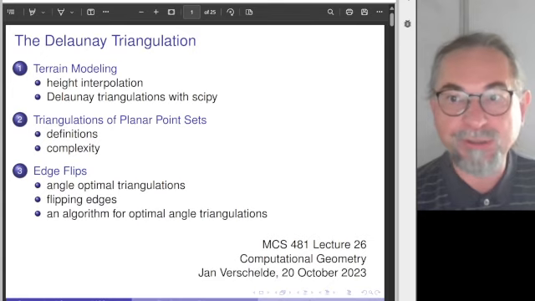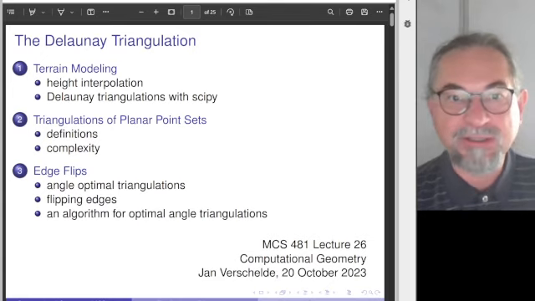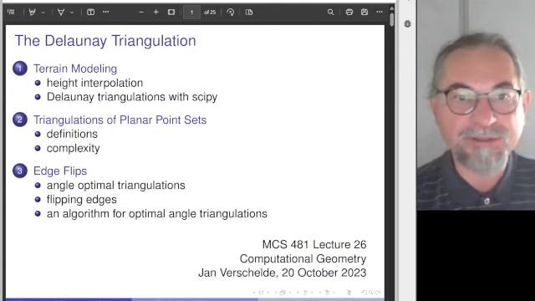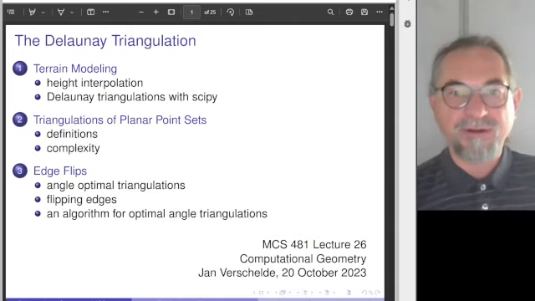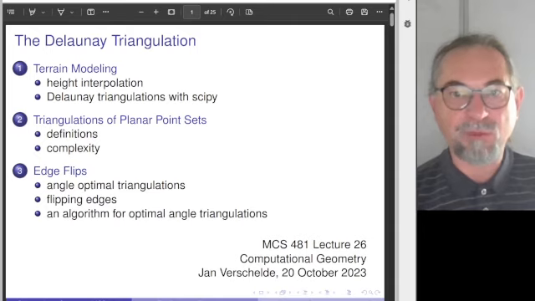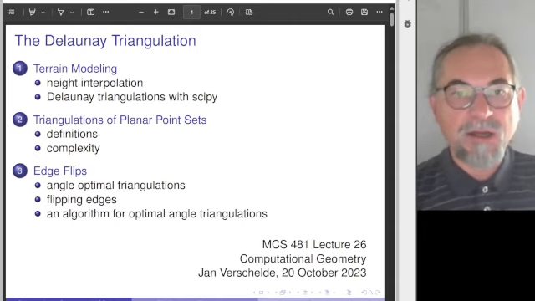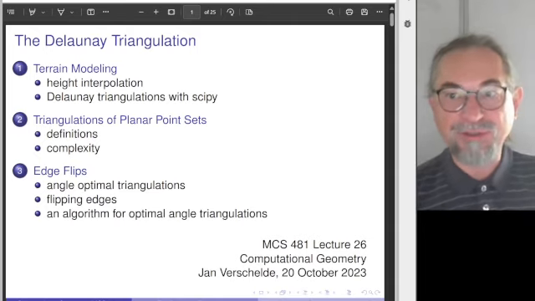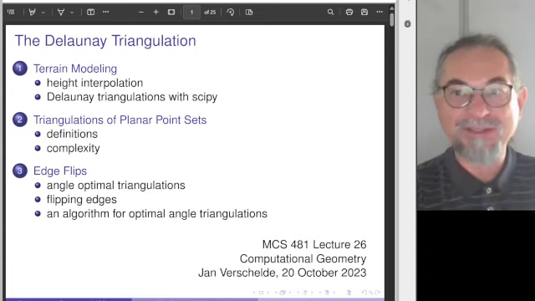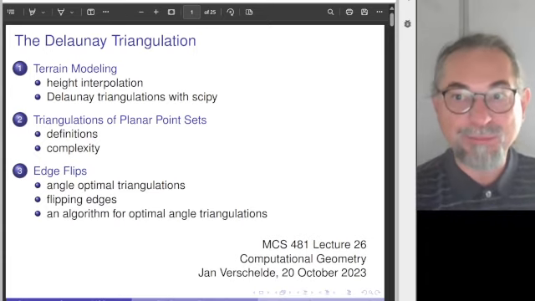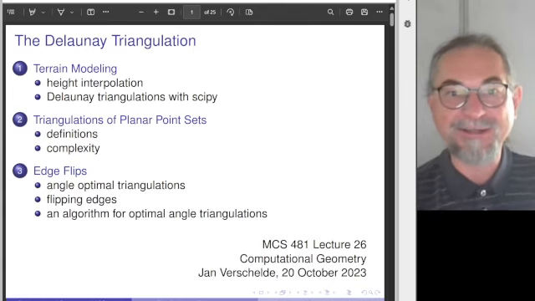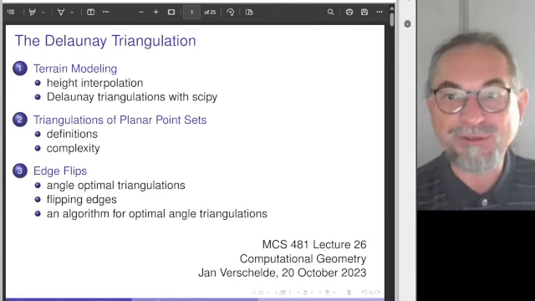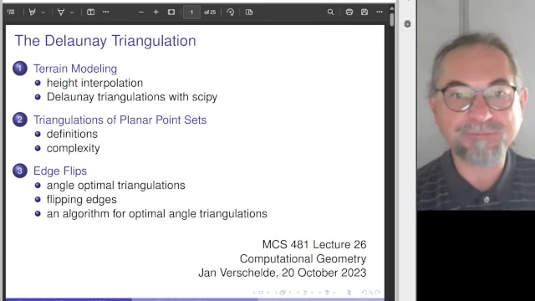Today we are going to introduce the Delaunay triangulation, starting from a motivation: height interpolation when modeling a terrain. Just like with Voronoi diagrams, scipy provides a very quick way to generate many examples of Delaunay triangulations.